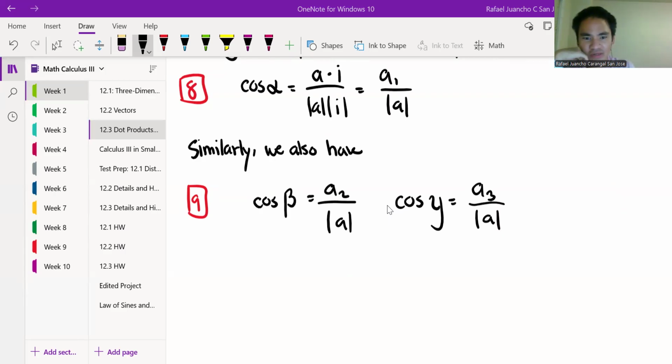And so if we square these expressions, let me check. Yeah, we square these expressions.